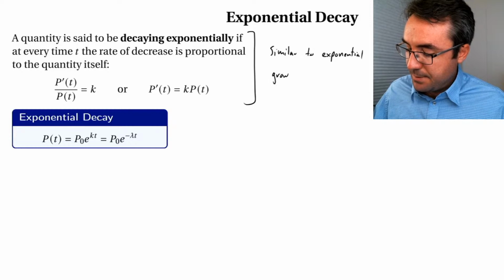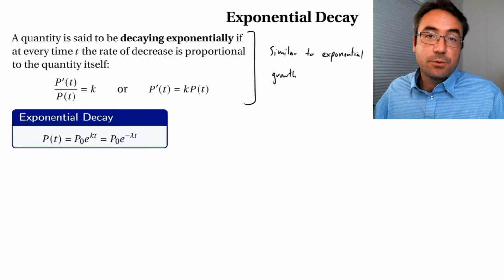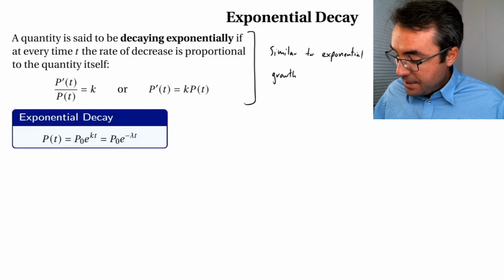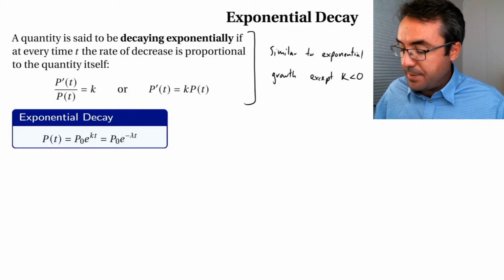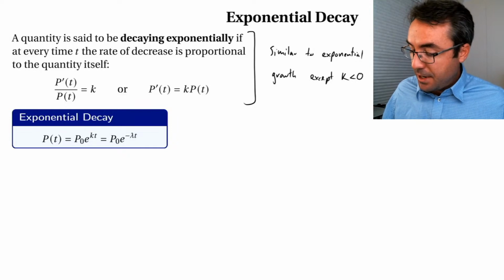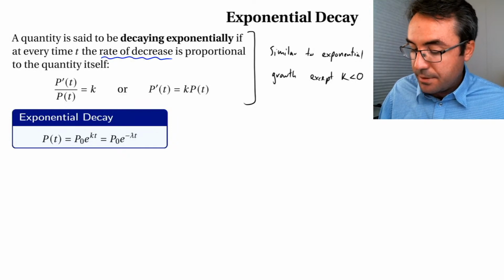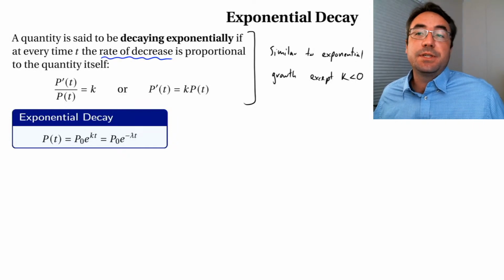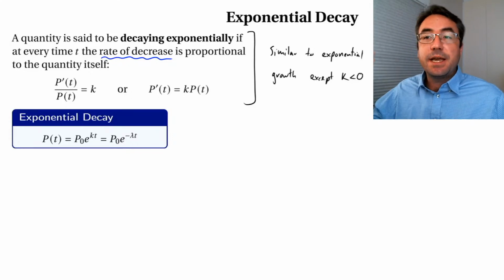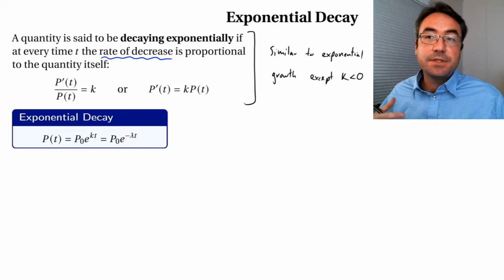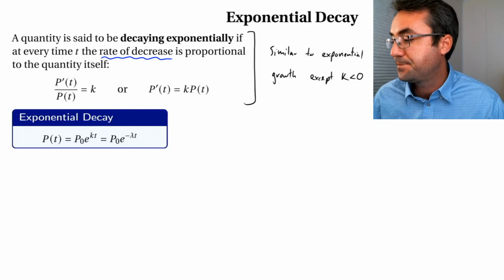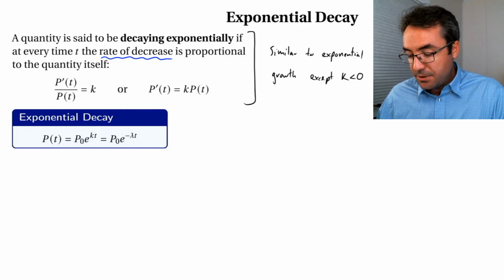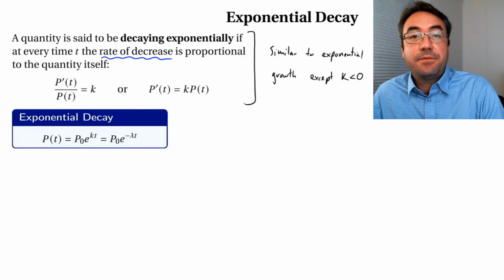So this is very similar to our exponential growth definition, except the only difference is that the constant k is going to be negative, and that's because the quantity is decreasing. So if our quantity is increasing, k is going to be positive. If it's decreasing, k is going to be negative. So let's look at our exponential decay function.